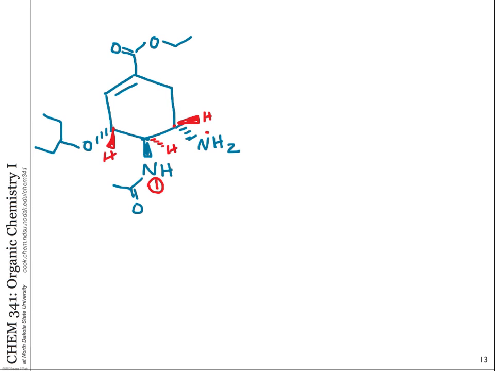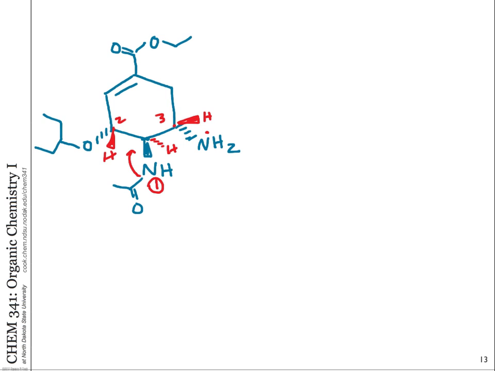Right there you should be able to make a distinction. The oxygen has higher priority than nitrogen. As you go across the periodic table, it's carbon, nitrogen, oxygen, and then halogens. So this will be second priority, this will be third priority. The hydrogen is going down. This will be clockwise.